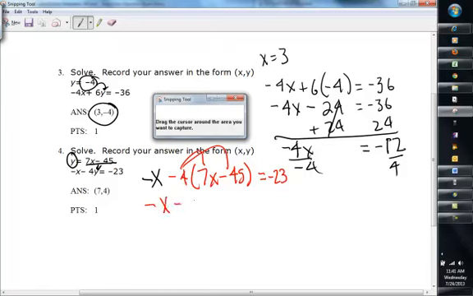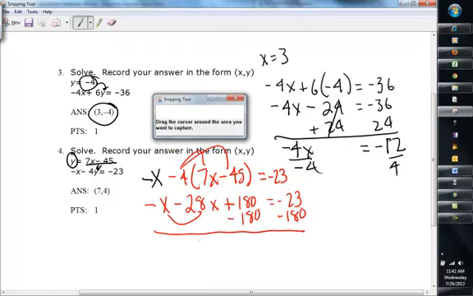Negative x minus 28x plus 180 equals negative 23. Subtract 180 from both sides and combine these two. We get negative 29x equals negative 203. Divide both sides by negative 29.